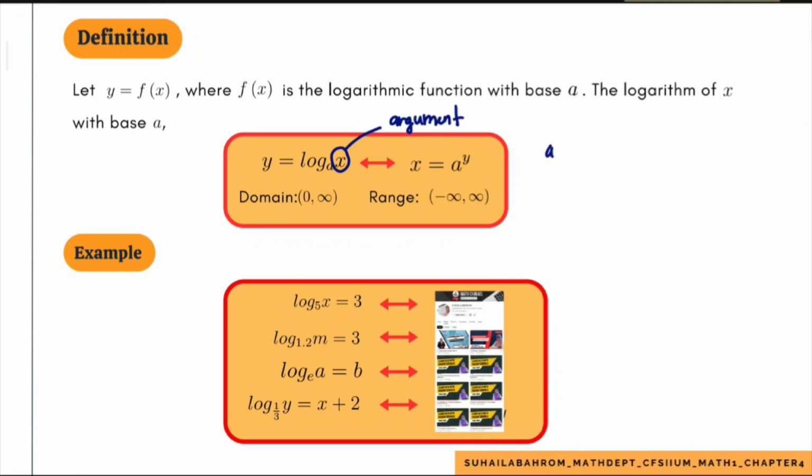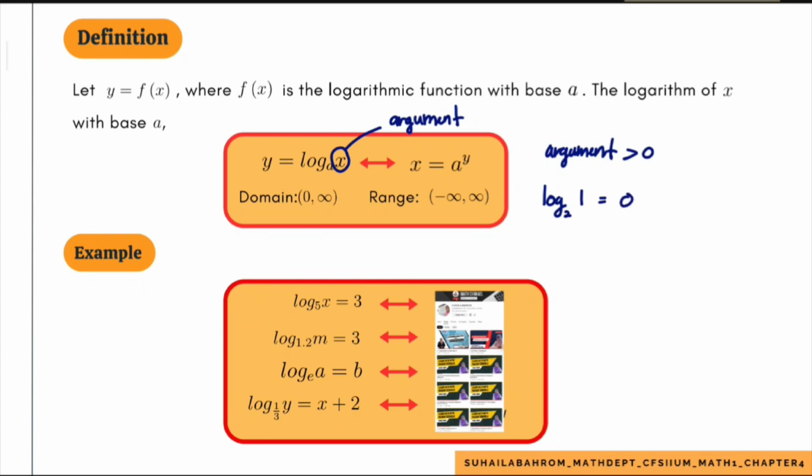And the values of this argument must always be greater than 0. Therefore, the domain of any log function should be equivalent to the open bracket 0 until infinity. Why? Because let's say you have the function log 1, with any base, for example log 1 with the base 2, the answer is equivalent to 0.